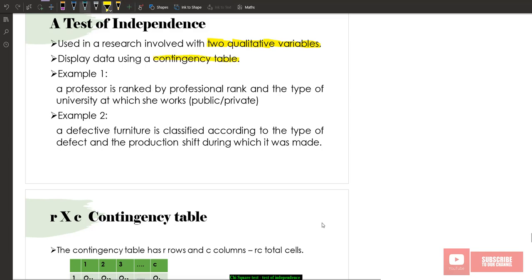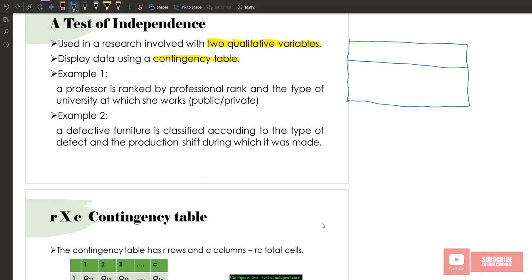A contingency table is actually a frequency table, but involving two categorical variables. This is an example of a contingency table. This is variable number 1. This is variable number 2. Let's say we have two variables, yes and no, yes and no. Inside are frequency value number 1, frequency value number 2, frequency value number 3, and number 4.